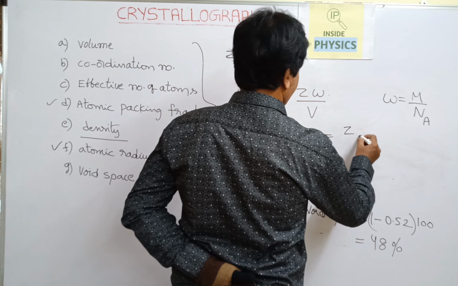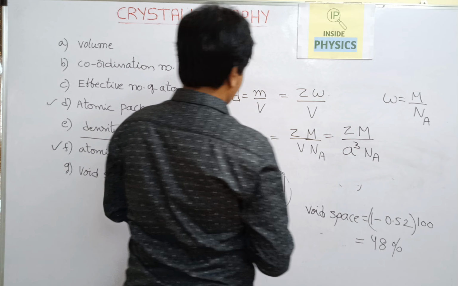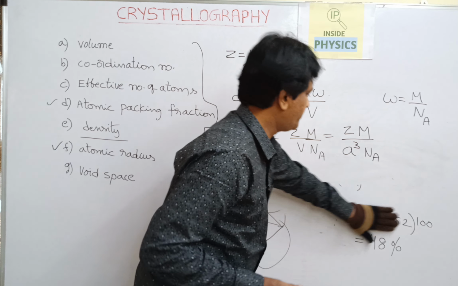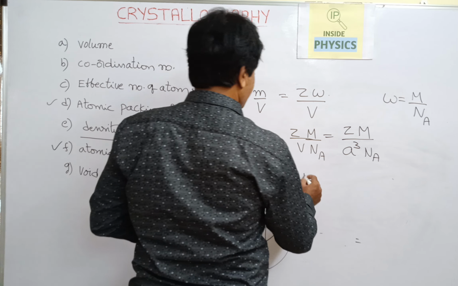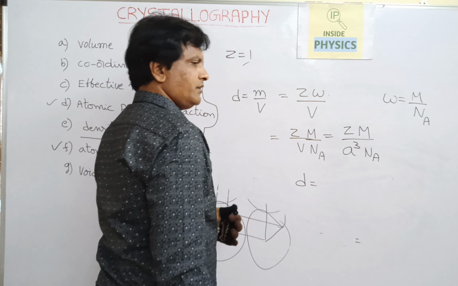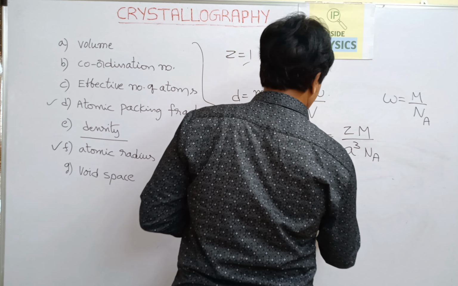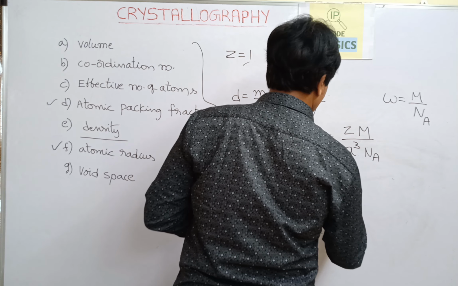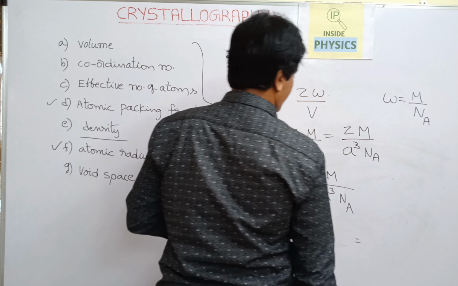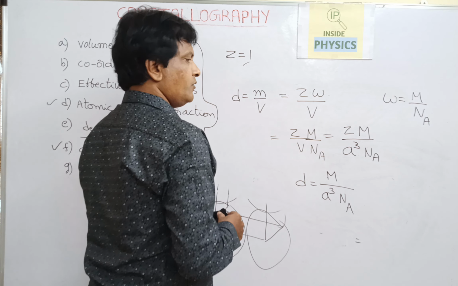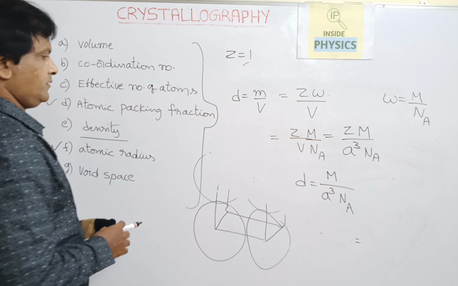Then this will be ZM by A cube into Na. What is Z for a simple cubic structure? It is 1. So the density of a material having a simple cubic lattice structure is given by M by A cube into Na, where M is the molecular weight, Na is the Avogadro number, and A cube is the volume of the cubic cell. This is the density calculation.